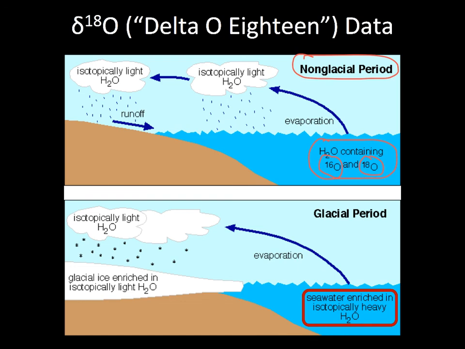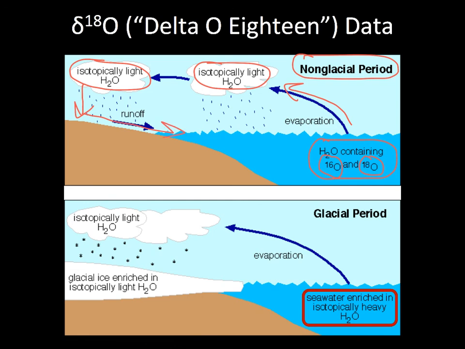During evaporation, it's preferentially water that contains oxygen-16 that leaves, and so clouds would be formed from water vapor that's enriched in oxygen-16. During a non-glacial period, it's warm enough that any oxygen-16 enriched water vapor that gets precipitated down on land ends up returning to the sea as runoff.